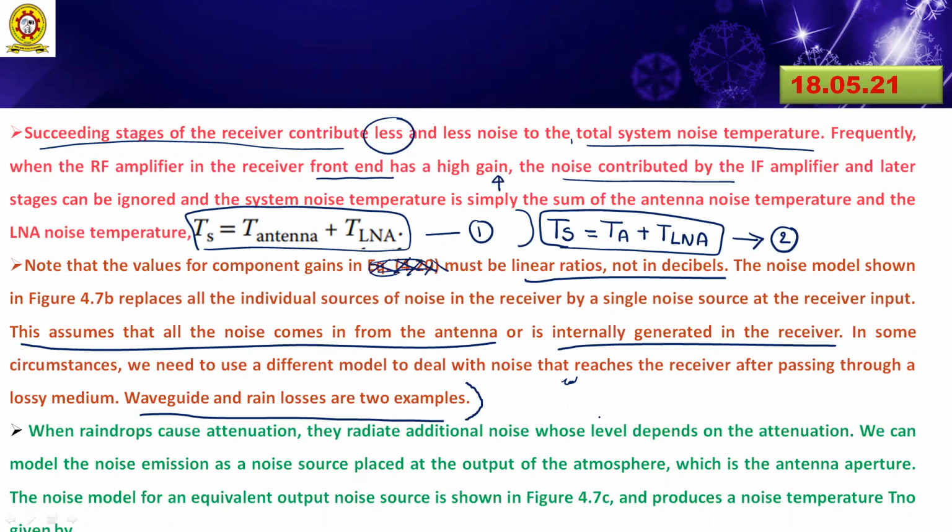And similarly, if you add the noise model, we can model the noise emission as a noise source placed at the output of the atmosphere. So noise placement is one of the important aspects.